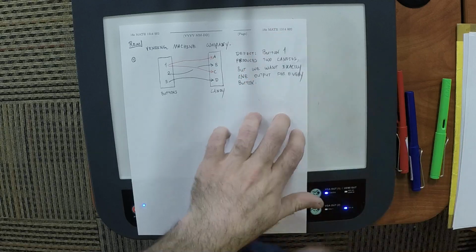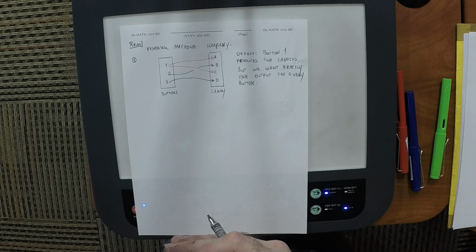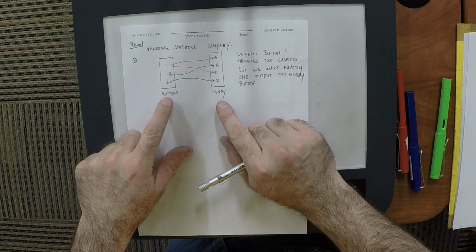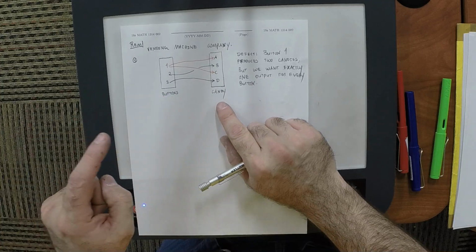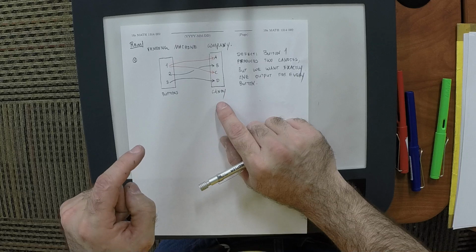Okay, now that's what you might say from a vending machine manufacturing point of view, but from a math point of view, that means that what is this vending machine not? It is not a function.